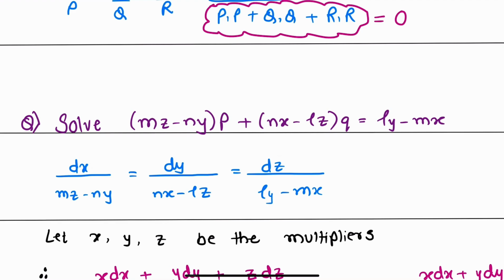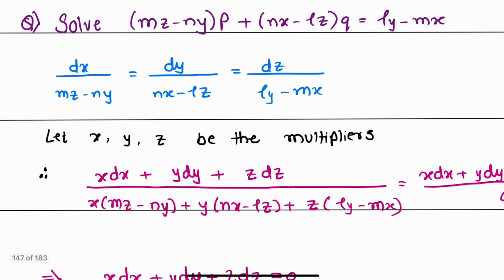Now, if you see here, we have z here, y here, so x is absent. X here, z here, y is absent. Y here, x here, z is absent. So just by symmetry, if I multiply this by x, this by y, and this by z, and add, what will I get?